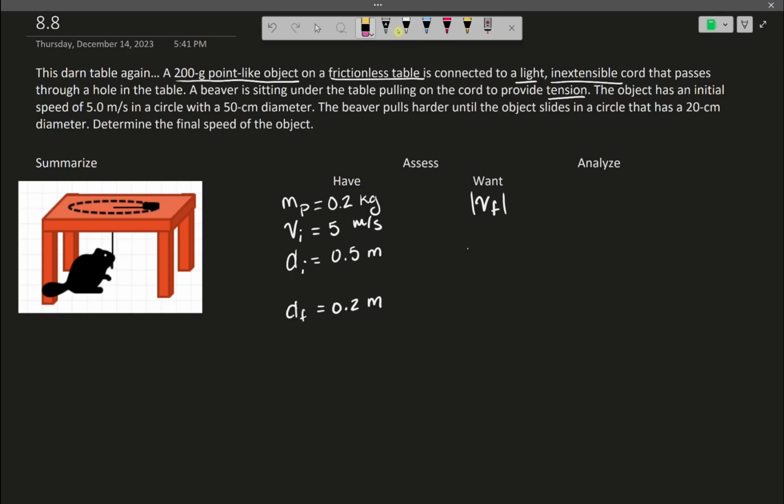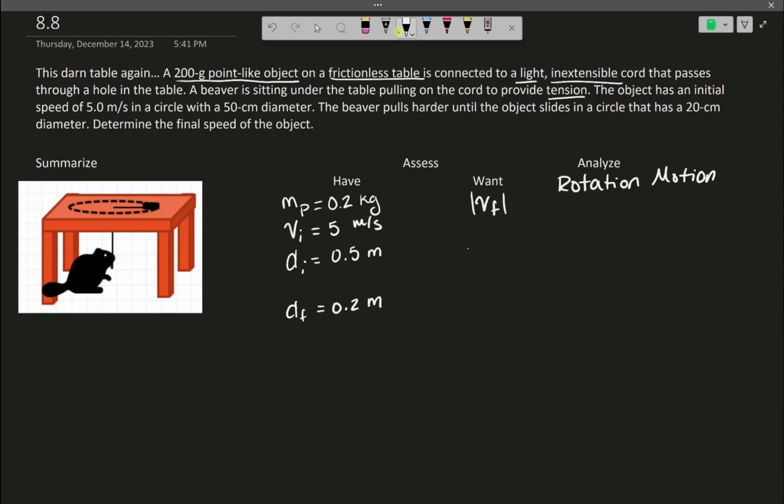The next thing that I think of is rotational motion and the conservation of angular momentum. So right away, I know that this is going to be some sort of rotational motion problem.